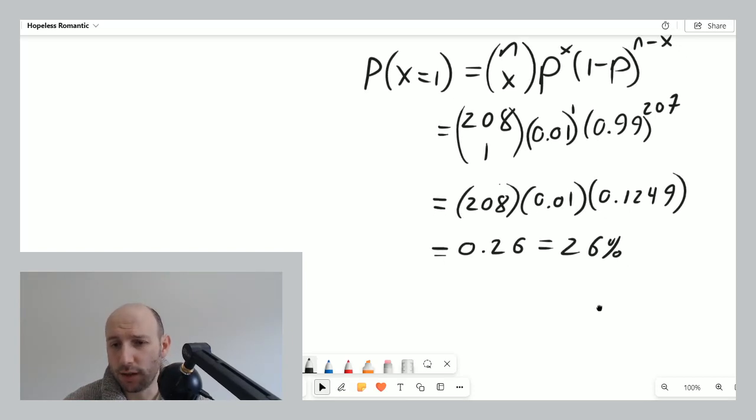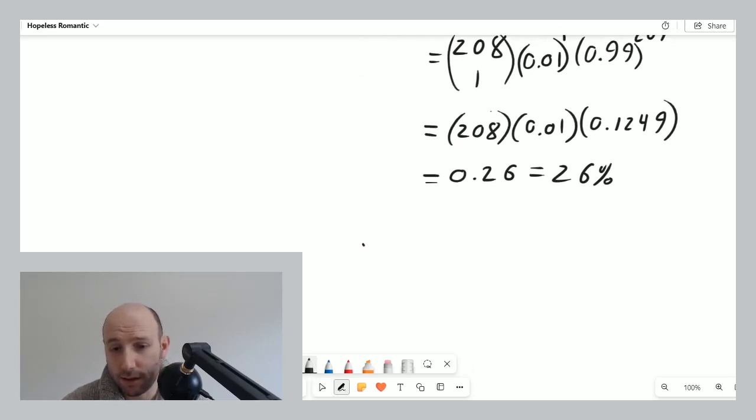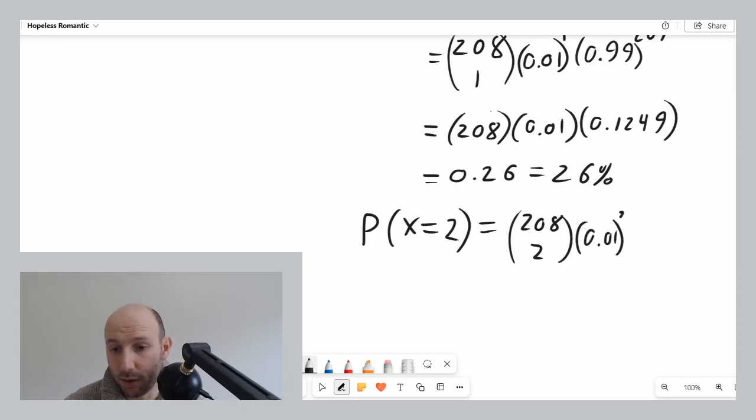But hold on. This is the probability that they meet specifically one person. What's the probability they meet 2 people? Okay, well, that's going to be 208 choose 2 multiplied by 0.01 to the power of 2 and 0.99 to the power of 206.